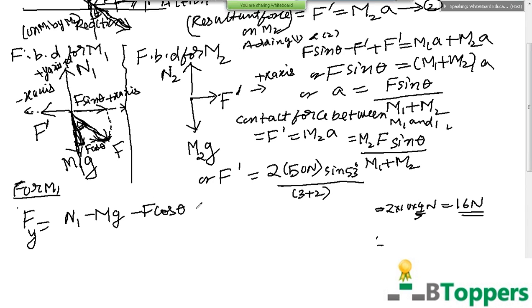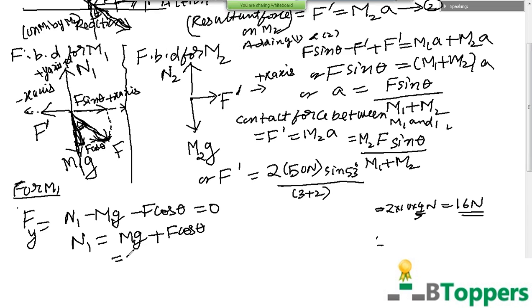But the mass M1 has no motion in the vertical direction, so the y component of the resultant force on M1 must be 0. So the magnitude of the normal reaction force on M1 by the floor is equal to M1g plus F cos theta.